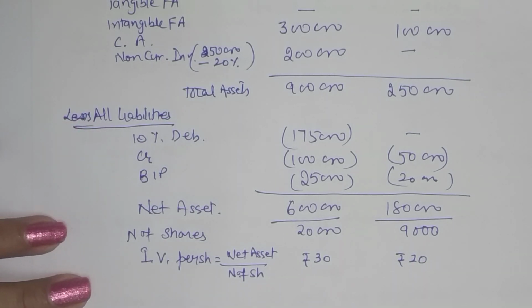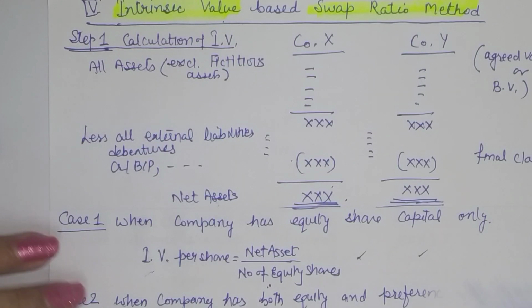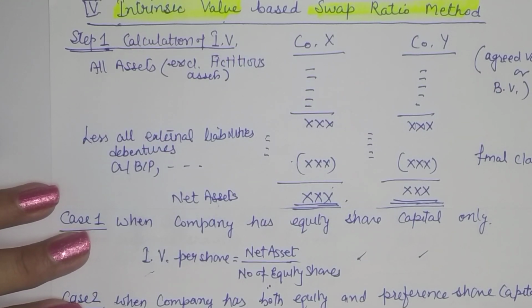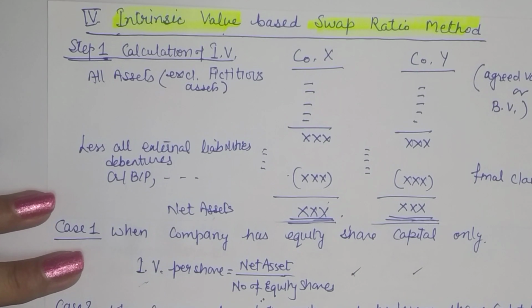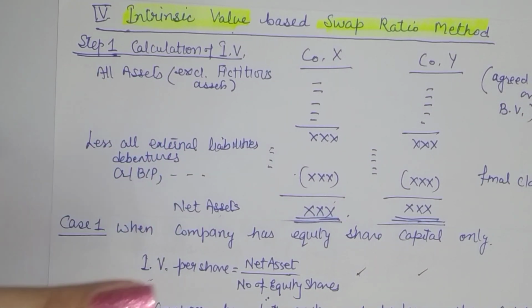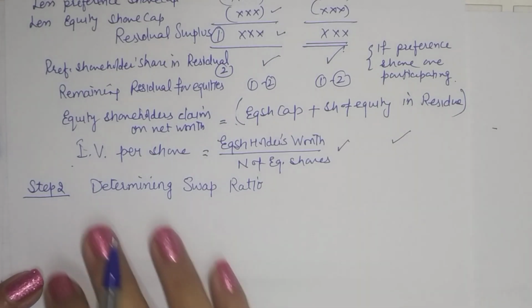Now our second step will be determination of swap ratio. In a given question, it is very important to read the swap ratio correctly and value it correctly. Both factors are important: measurement of the ratio and reading of the ratio. So how will we measure it? Just write down the second step: determine the swap ratio.